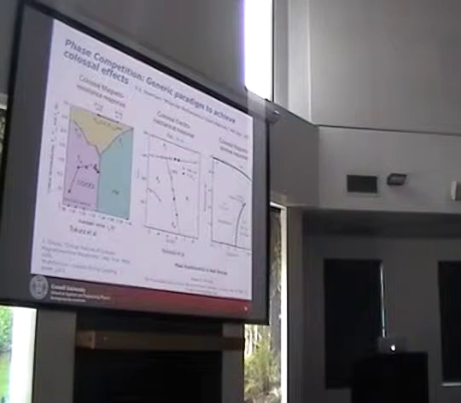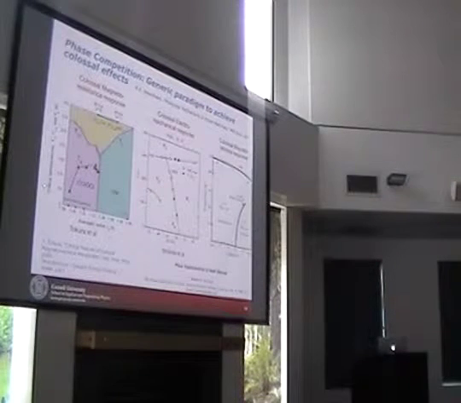This one displays a colossal magnetoresistive response. This material here displays what we call a colossal electromechanical response. It's the best known piezoelectric material that exists. And this one is our best known colossal magnetostrictive material. The universality of all of these is that these large responses occur right in the vicinity of these vertical phase boundaries shown here.